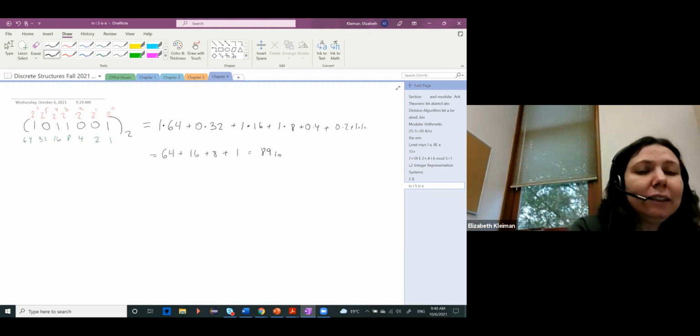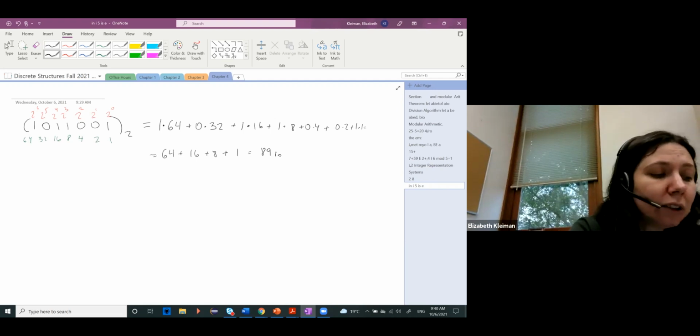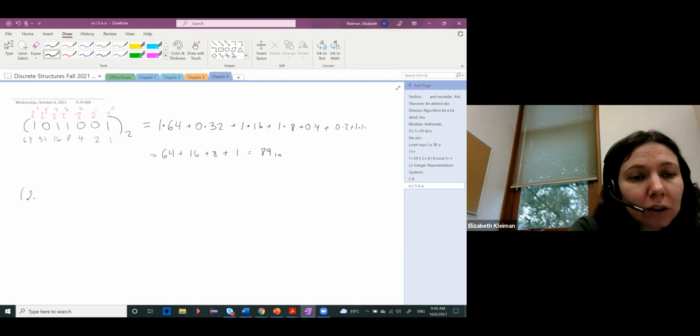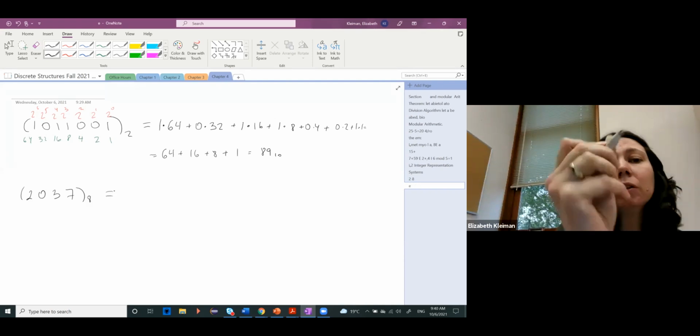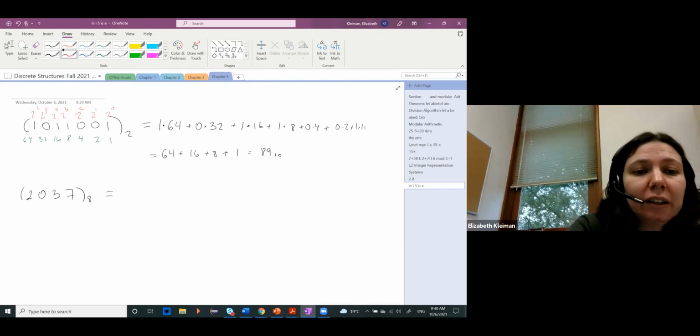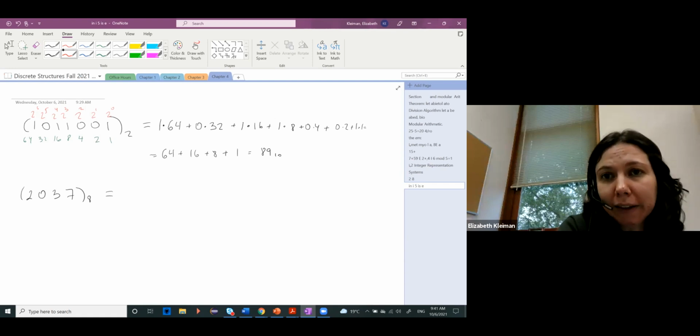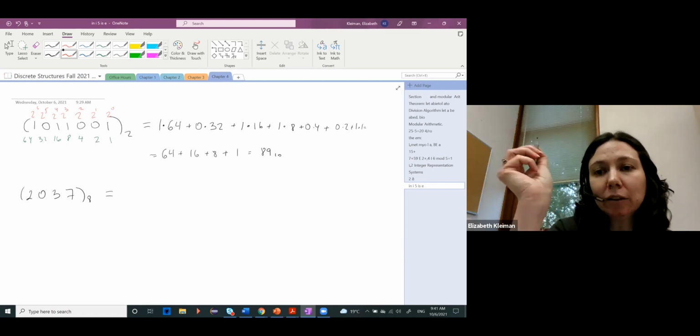Now, in a similar way, I can do the conversion of octal. So assume I have 2037, and this number is octal. I'm going to do expansion again, but now my base is 8. So every placing represents 8 to the power.